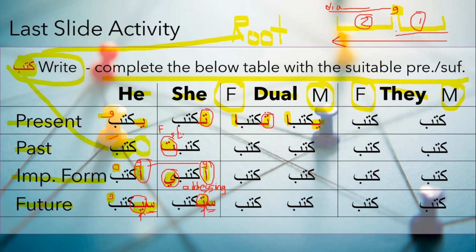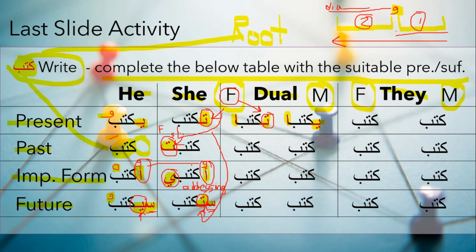As you can see here, in she, I use ta, taktub, and in the dual, taktuba. Exactly the same, I'm using ta. However, in masculine, I'm using yaktub. Even in she, in the past, I'm using ta again. Even in the future, I'm using ta again.